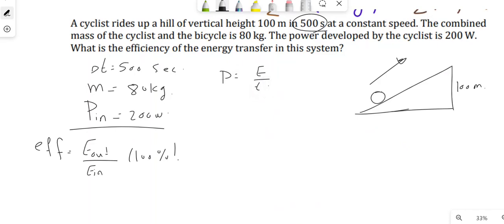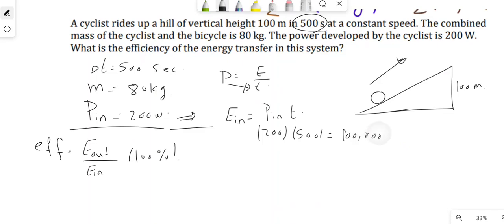So if I need the energy, it will be power times time. The original energy will equal Pin times t. Pin is 200, time is 500. So energy in will be 100,000 joules.